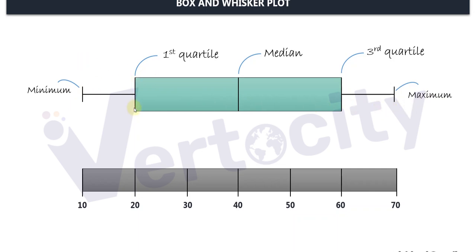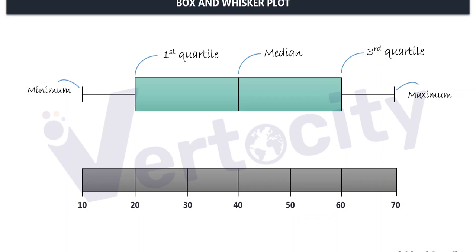The next line is called the first quartile, also the lower quartile or 25% of the data. The next line represents the median value of the data. And the fourth line on the overall structure represents the third quartile, also called the upper quartile or 75% of the data.